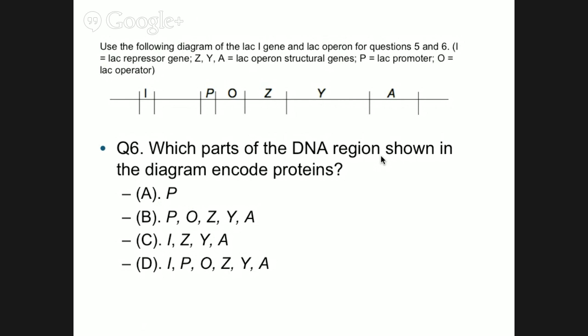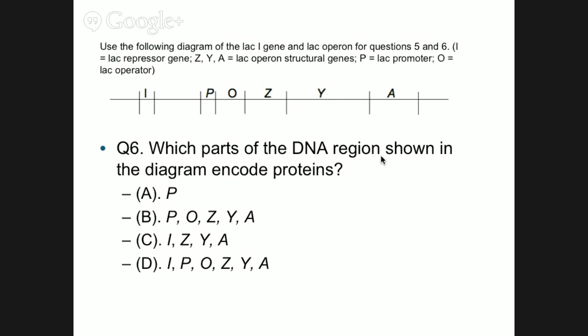So O is for what? O is the operator where the repressor will bind. So O is just a piece of DNA. Right. P, what is P for? P is the promoter. That's where the RNA polymerase will bind.